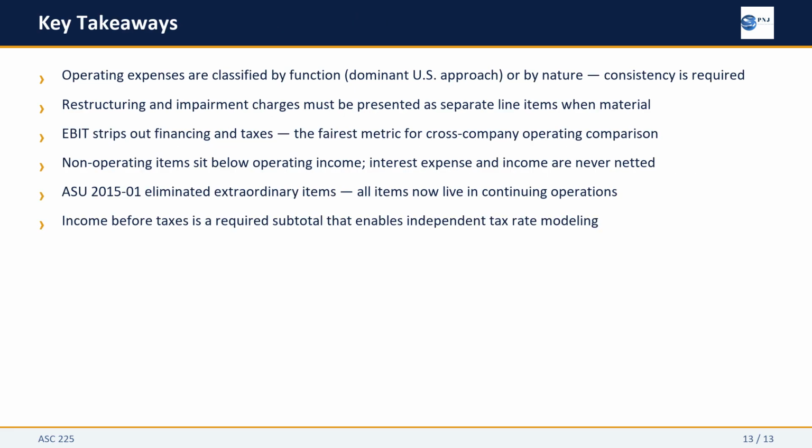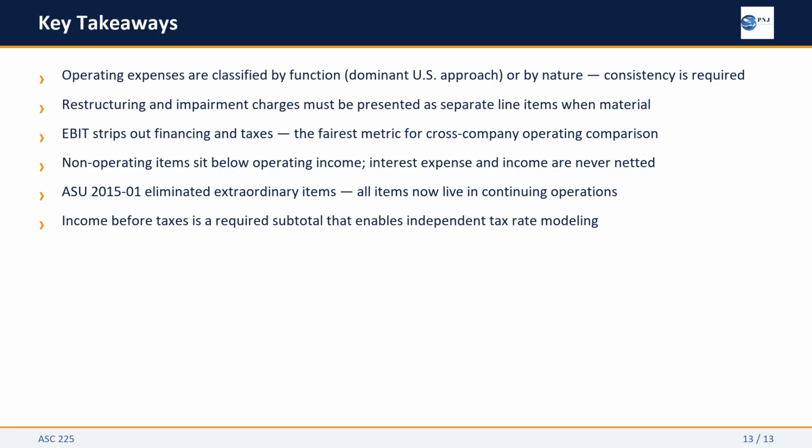Let us bring this together. Operating expenses follow either a function-based or nature-based classification, and whichever method is chosen must be applied consistently, with any change requiring retrospective restatement. Restructuring and impairment charges earn their own lines on the face of the statement. EBIT, earnings before interest and taxes, is the operating performance metric that levels the playing field across different capital structures and tax regimes.